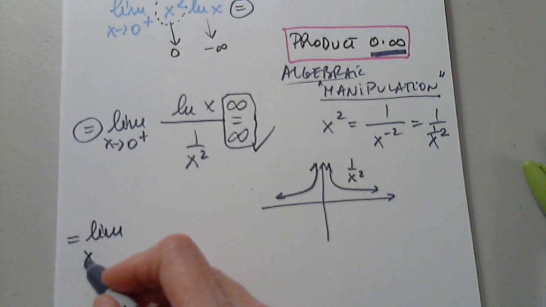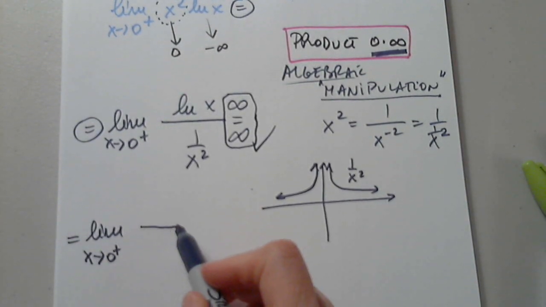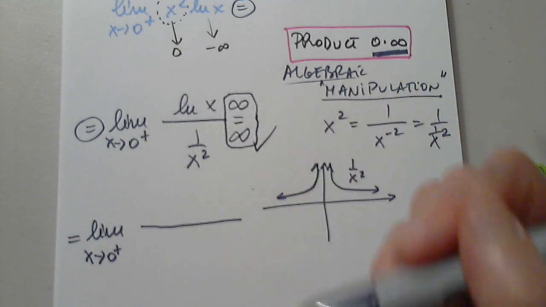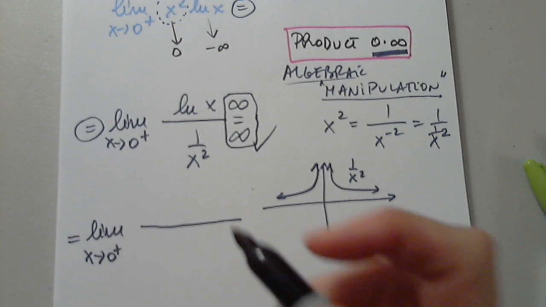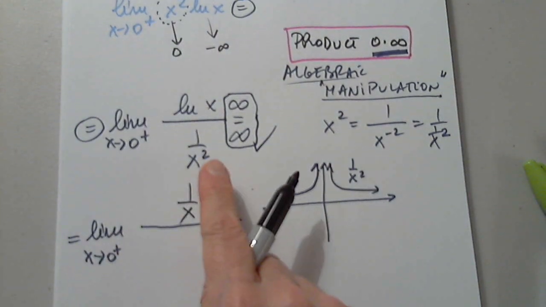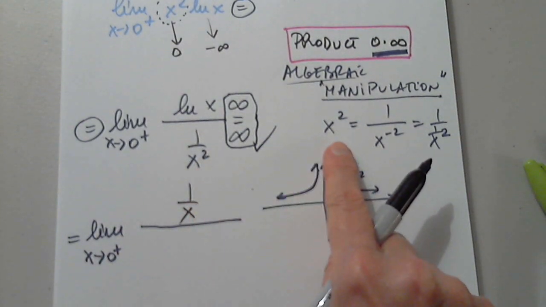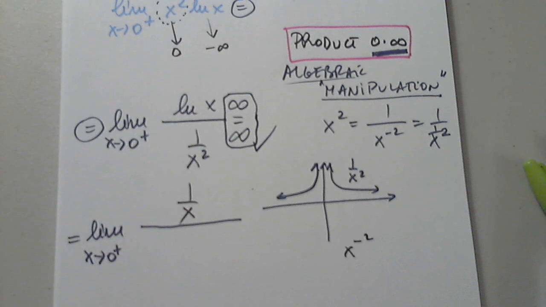Limit as x approaches 0 from the right. Can anyone differentiate natural log for us? Easy. 1 over x. Yes, absolutely, 1 over x. Now careful how we differentiate this, because it's x to negative 2.